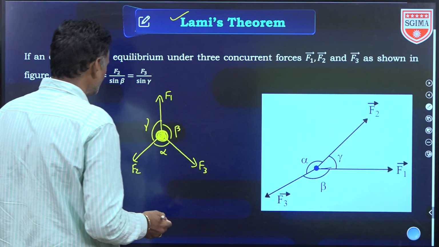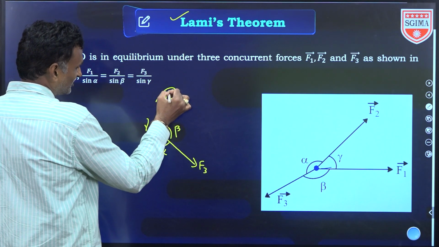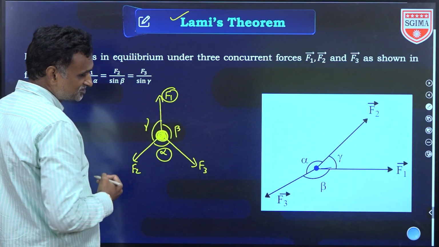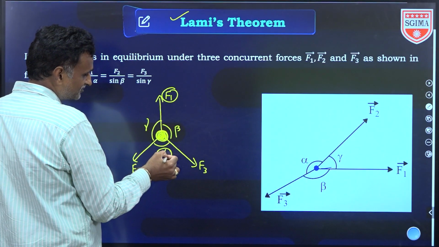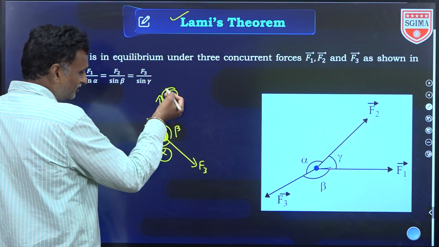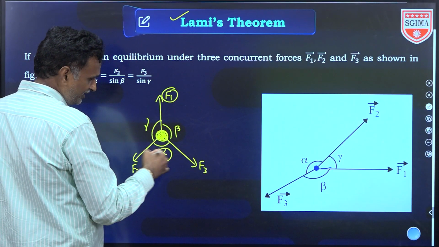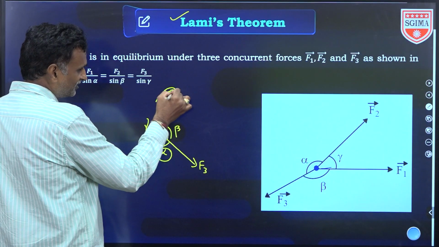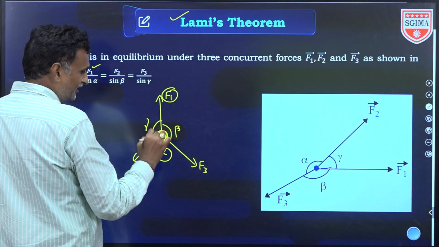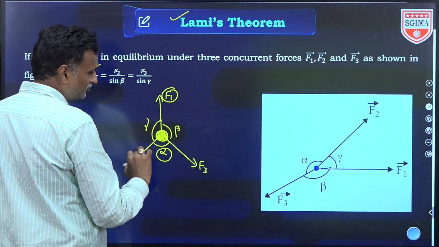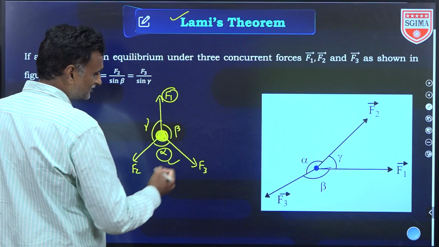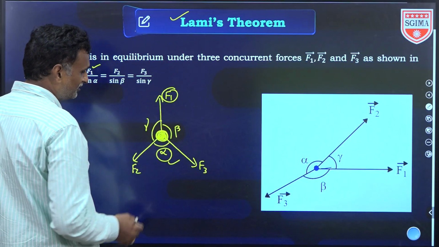But how to apply Lami's theorem here? F1 divided by the sine of the angle opposite to it. Opposite means the remaining forces. For F1, the remaining forces are F2 and F3. When you write the ratio for F1 with a sine angle, that angle must be the angle between the remaining two forces. So that is sine alpha.